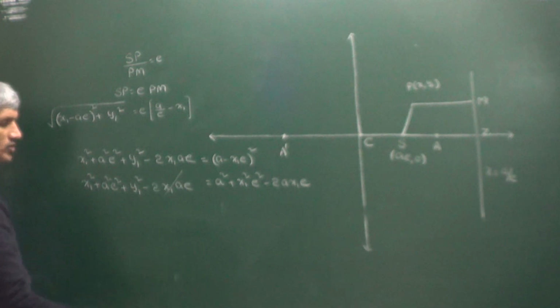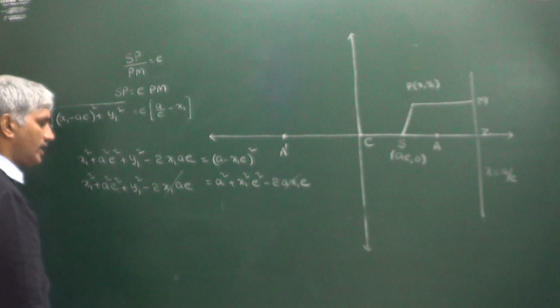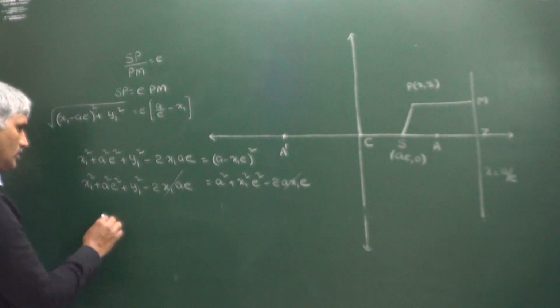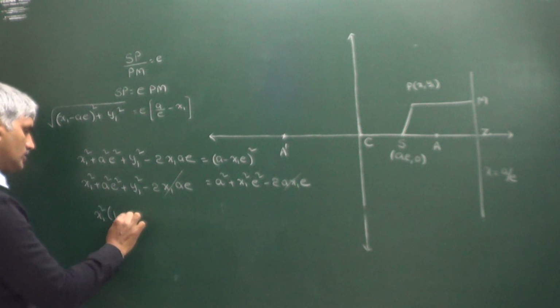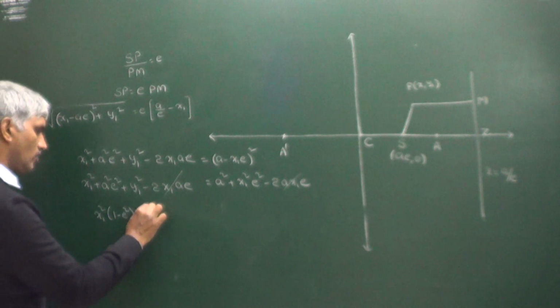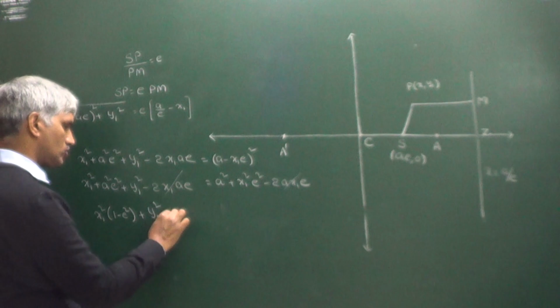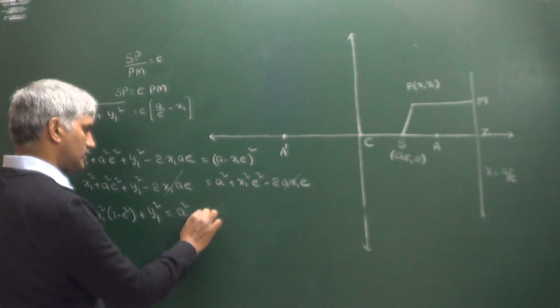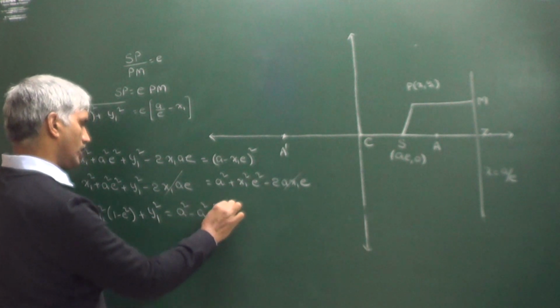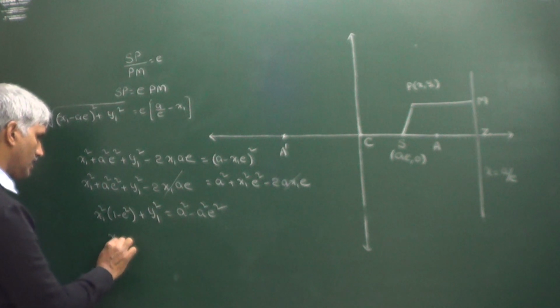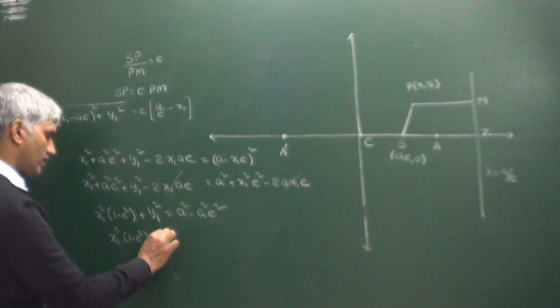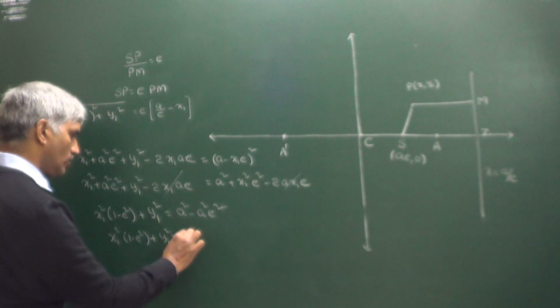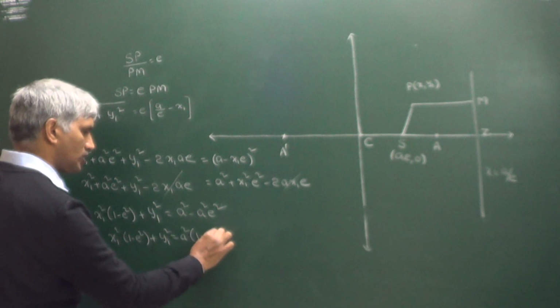Here minus 2x1ae cancels. Now x1 square into 1 minus e square plus y1 square is equal to a square minus a square e square. So I can write x1 square into 1 minus e square plus y1 square is equal to a square into 1 minus e square.